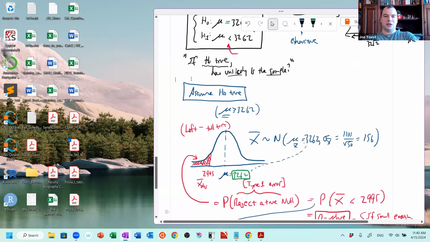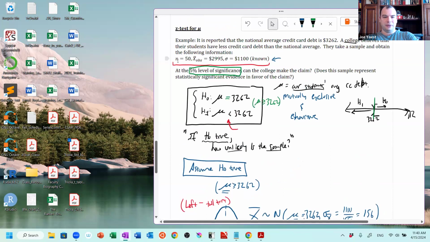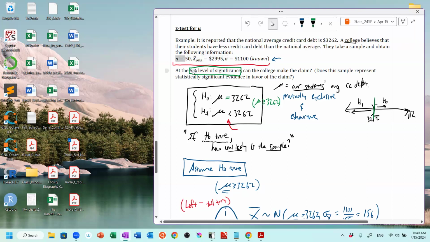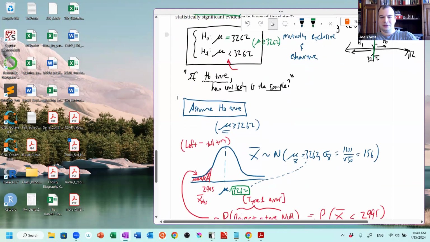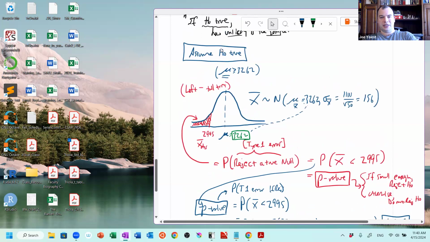So we did all of this work. We said if H naught is true, and if we reject on the basis of this sample, if I say that this sample represents strong enough evidence to reject the null in favor of the alternative, then I would make an error because I would reject a true null.